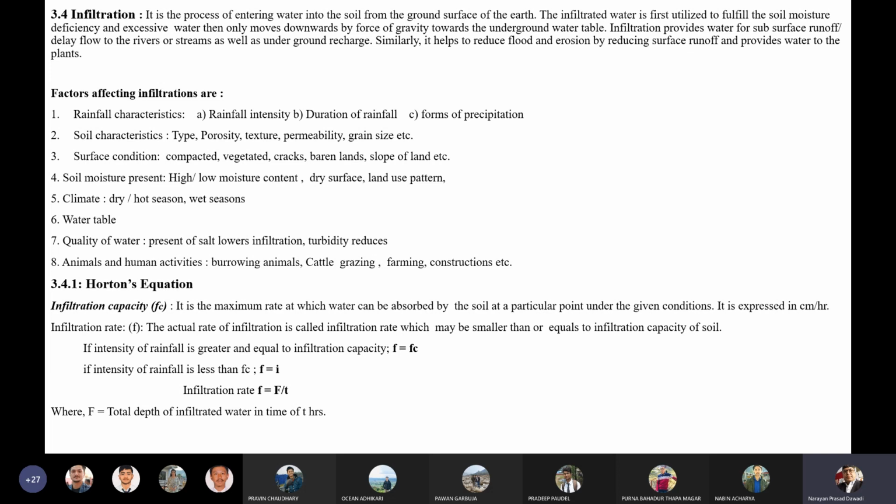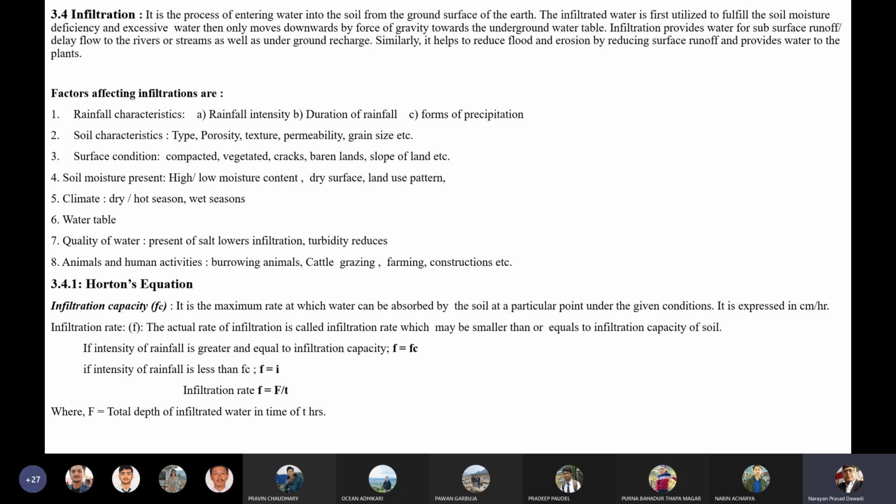This is the maximum rate of seeping of water into the soil, the maximum rate of water holding capacity of the soil. This absorption capacity is called infiltration capacity, given by Fc. It is expressed in centimeter per hour, and the infiltration capacity and the infiltration rate are similar things.